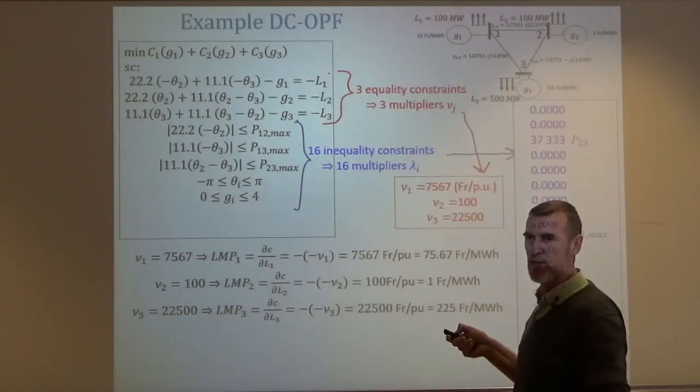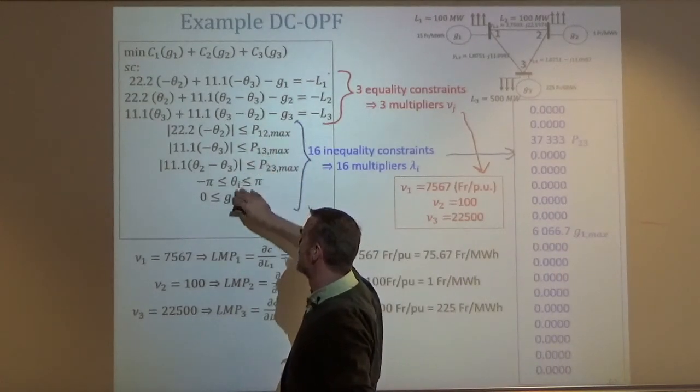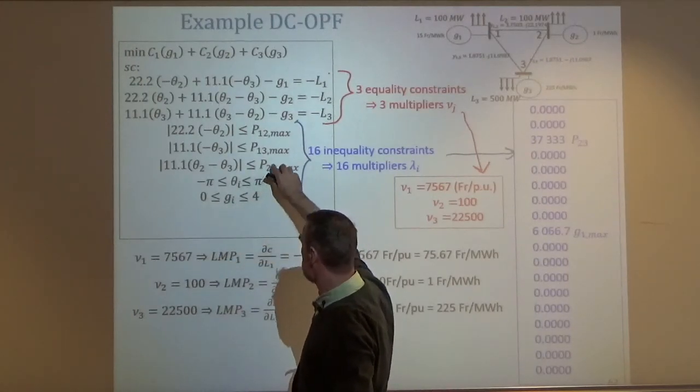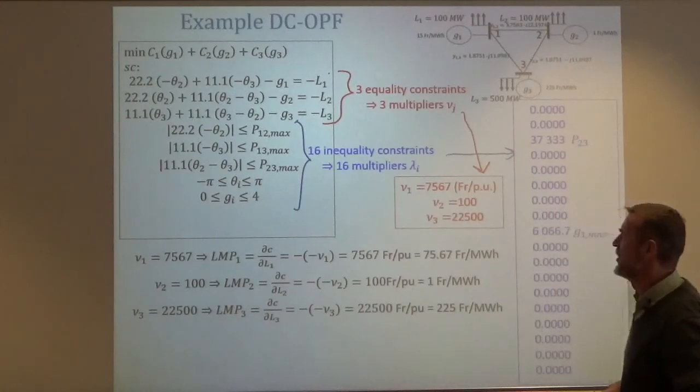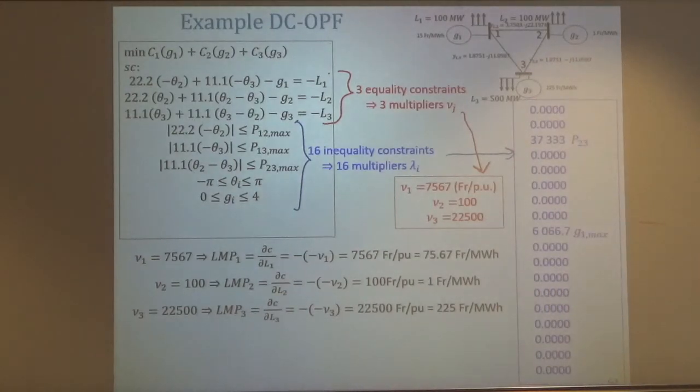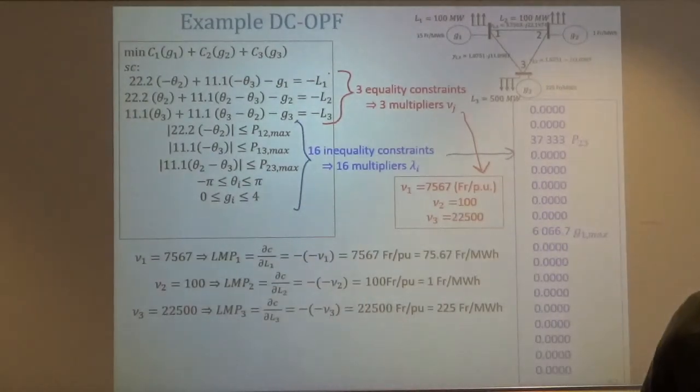This is a problem we've seen an hour ago. So we have those simple expressions with the angle theta, and I have the constraints on the power flows here. I have 16 inequality constraints, so I have 16 Lagrange multipliers. I have 16 because of the absolute values.